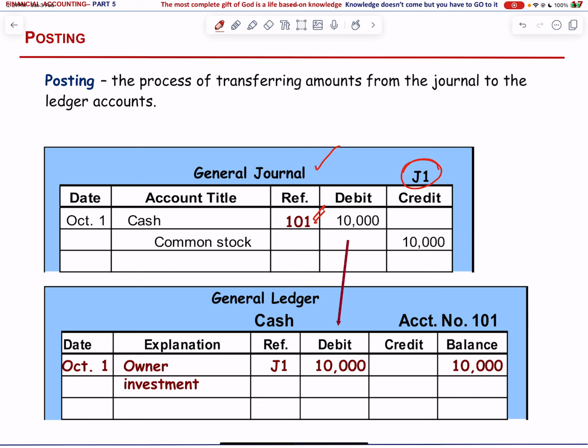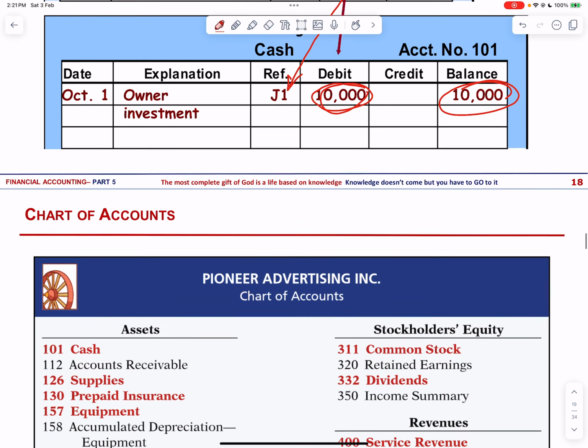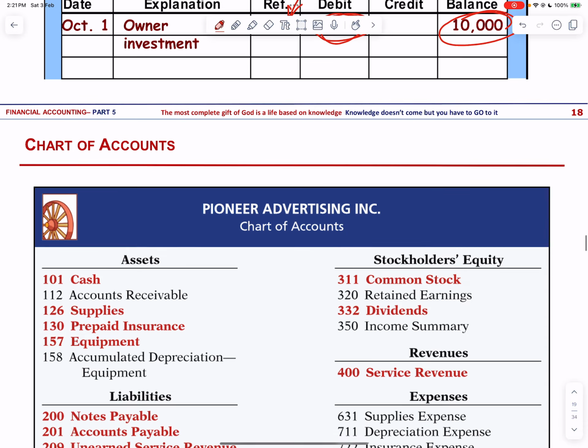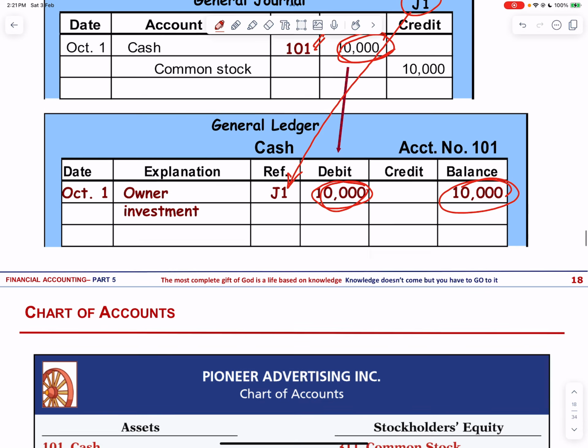So we have 101 over here, and J1 is the reference, and the amount is in the debit column, so we have recorded it on the debit side, and the balance is 10,000. For common stock, obviously it will be done in a different way, but you will understand better as we progress in this video.